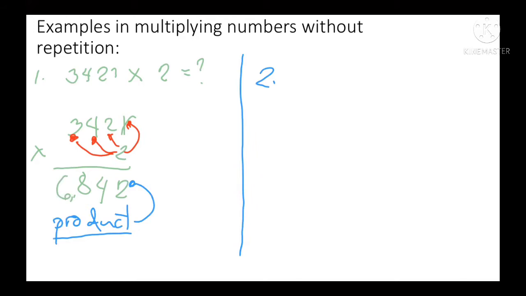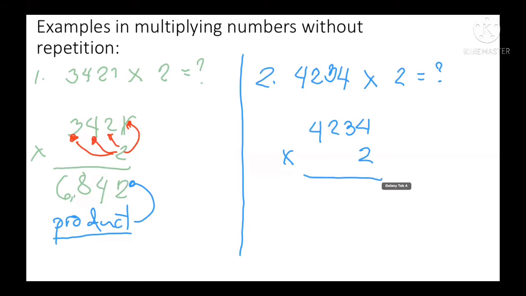Okay, number 2. I will give 4,234 multiplied by 2. All right. Organize the problem. So write it down here: 4,234 times 2.